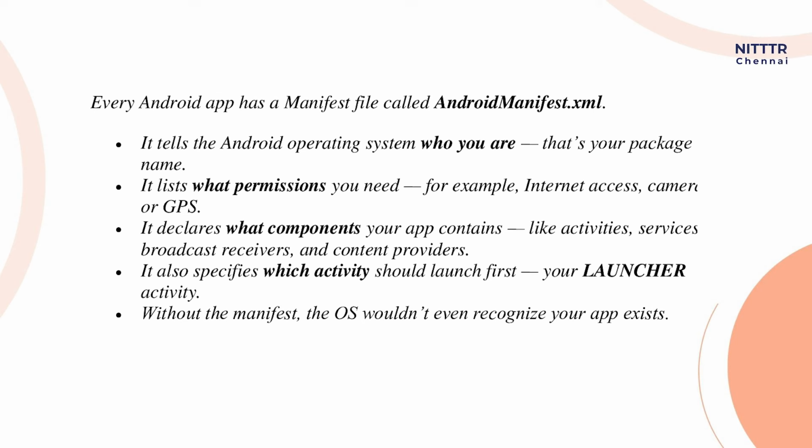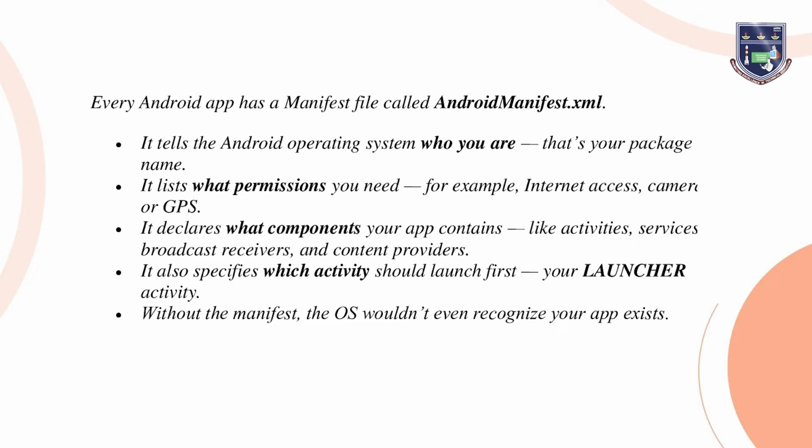Every Android application has a manifest file called AndroidManifest.xml. It tells the Android operating system who you are, so your package name should be given, and it lists what permissions you need. For example, if you need internet access or camera access or GPS services, all that should be provided here.